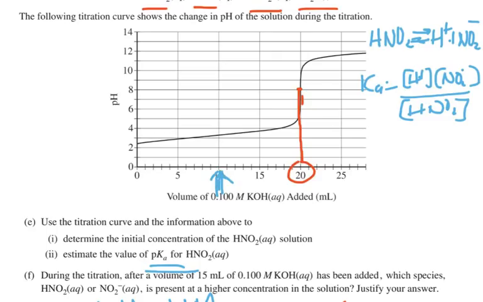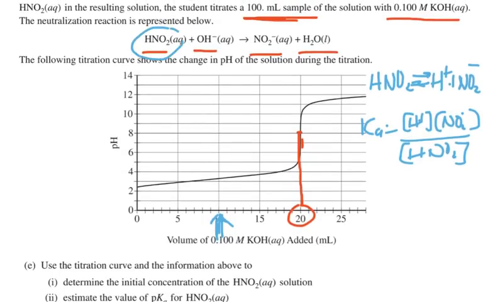And what's important about that place right there is at that point, when you're titrating, you are changing this HNO2 into NO2 minus. So if you get to this point, you have changed all of your HNO2 into NO2 minus at 20 milliliters, but halfway you've changed half of it into NO2 minus. So at this point, this number and this number are equal to each other, and if they're equal to each other, then the H plus equals the Ka.